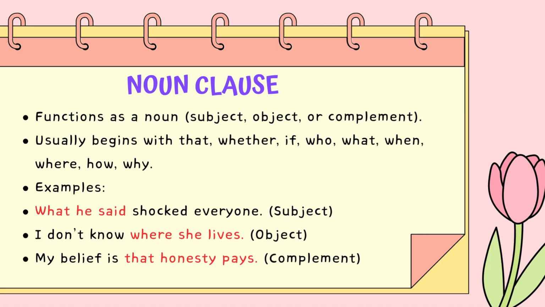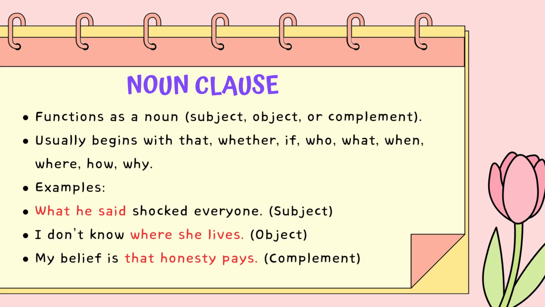So where she lives is the noun clause taking the position of the object. And the last example says, my belief is that honesty pays. Here in this sentence, that honesty pays is a noun clause that is complementing the noun belief.